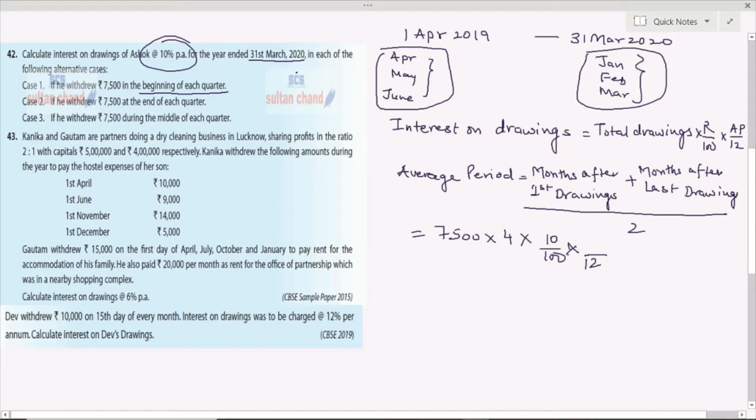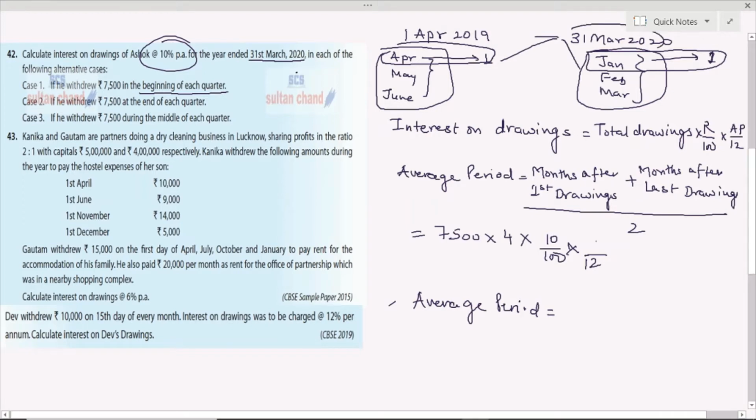Now, how to calculate this average period? Average period says months after first drawing. Here my first quarter is this. The first drawing will be on 1st of April, and the same way the last quarter's first drawing will be on 1st of Jan. So these two dates I'm going to compare with 31st of March, because this is the closing date.